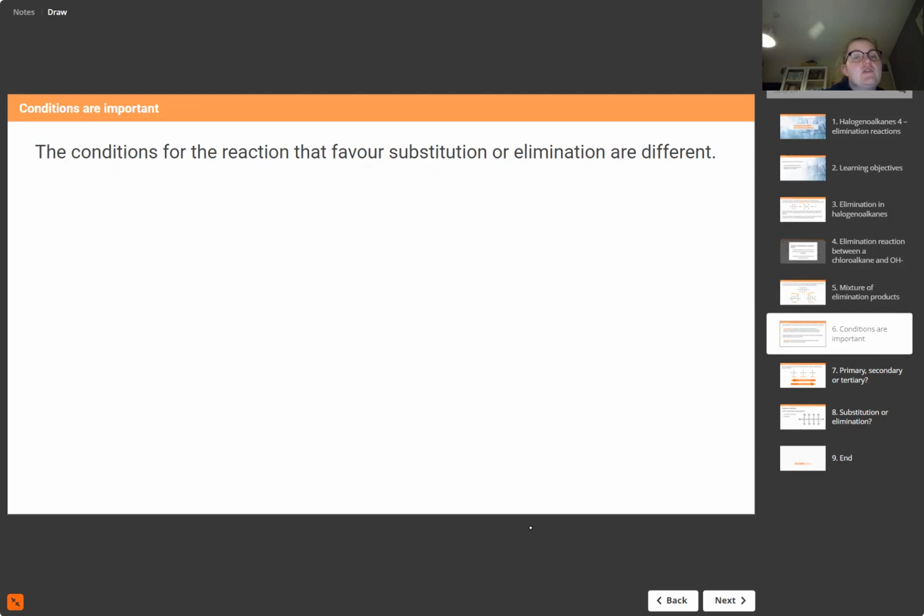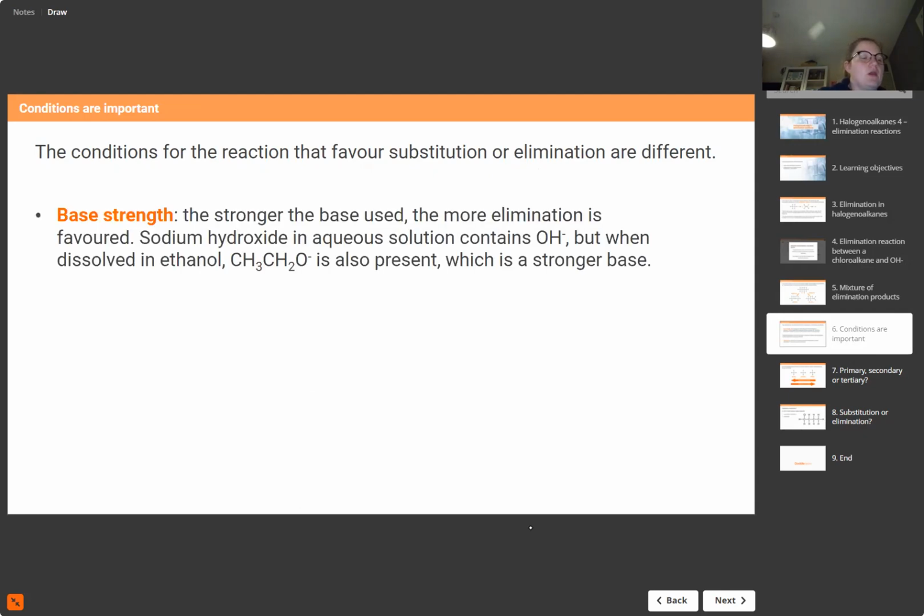The conditions for reaction that favour substitution or elimination are different from each other. So base strength. The stronger the base, the more elimination is favoured. So for example, sodium hydroxide in aqueous solution contains OH minus, so a hydroxide. But when dissolved in ethanol, CH3CH2O minus is also present, and that is a stronger base.